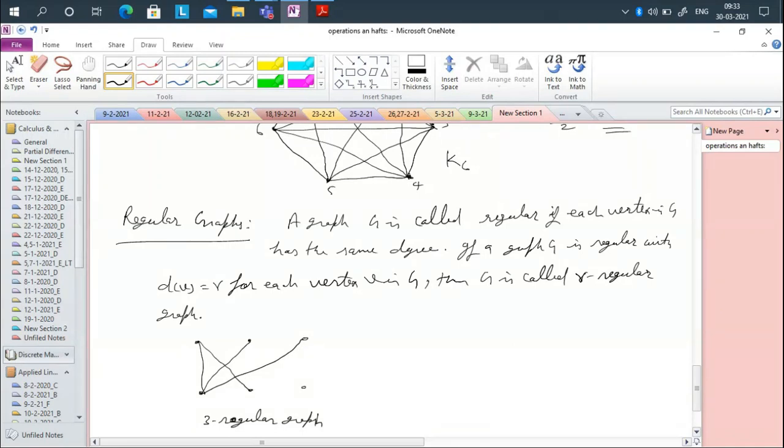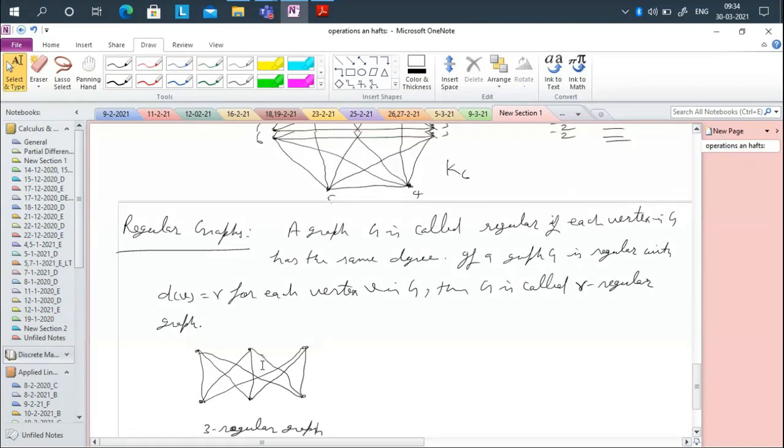Yes, is this a three regular graph or not? Because each vertex has degree 3. And you see, this is not a complete graph.